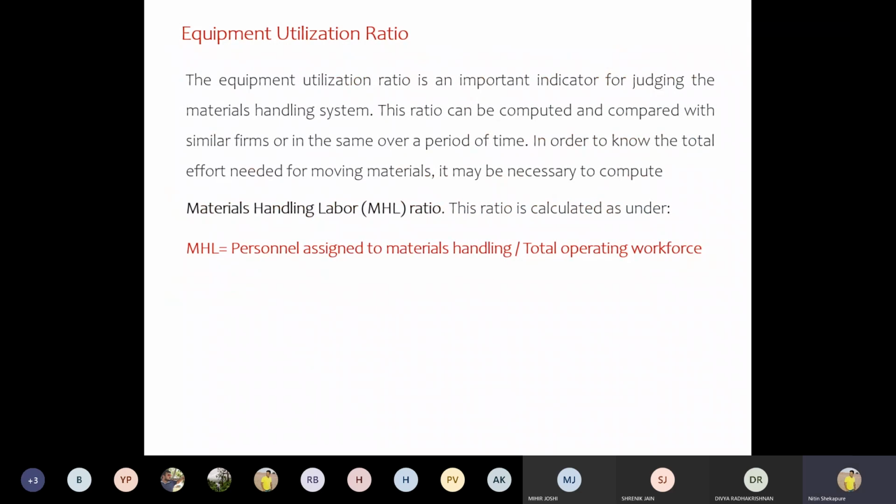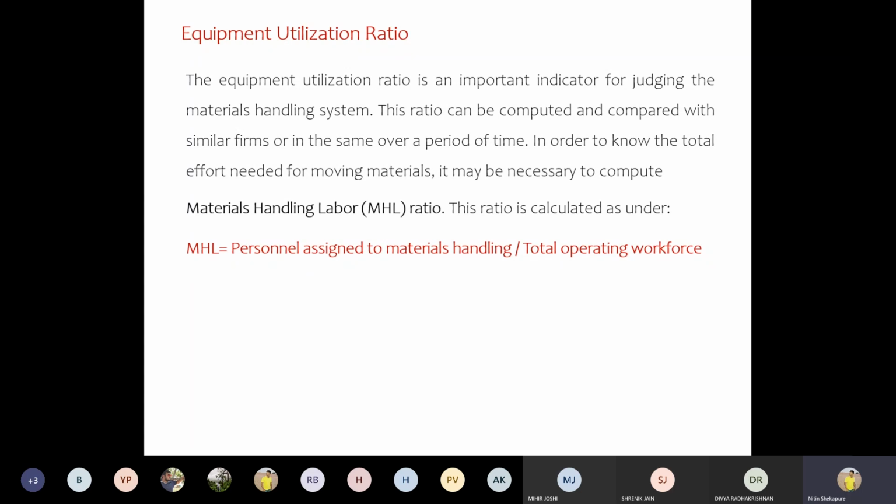Equipment utilization ratio. As we have already discussed, the equipment utilization ratio is an important indicator for judging the material handling system. The ratio can be computed and compared with similar firms or over a period of time, to understand the total effort needed for moving material.